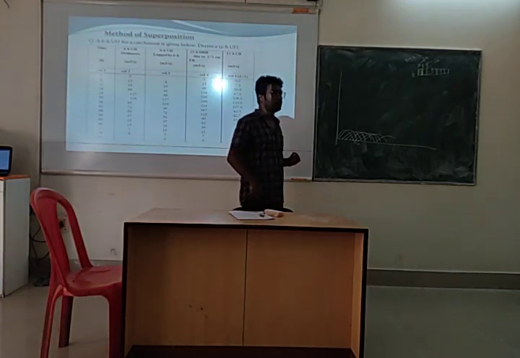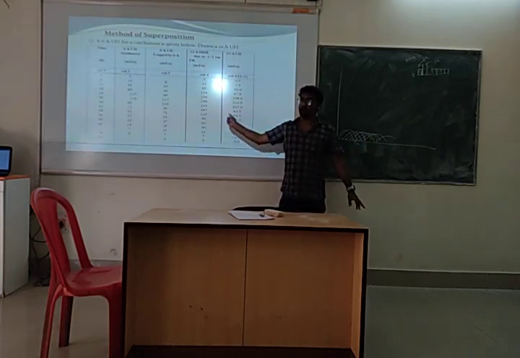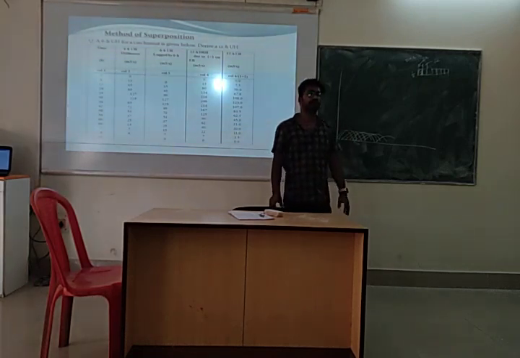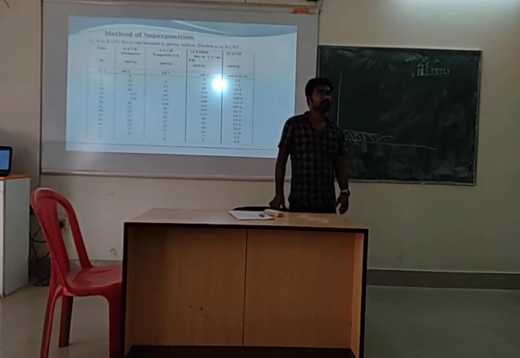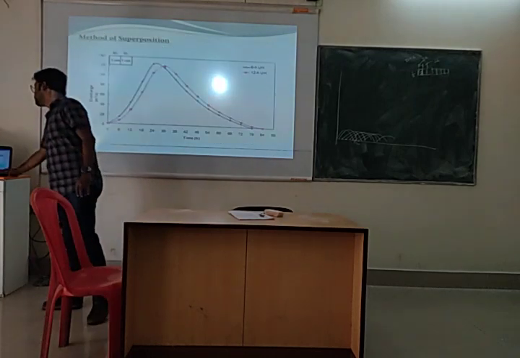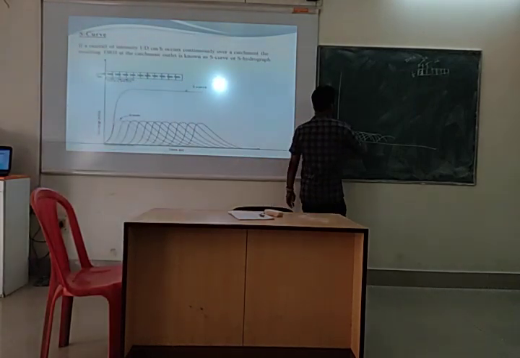That means you will get this sort of hydrograph. Now if you add up all the ordinates, you will get the direct runoff hydrograph for that continuous precipitation. The curve will look like this one.